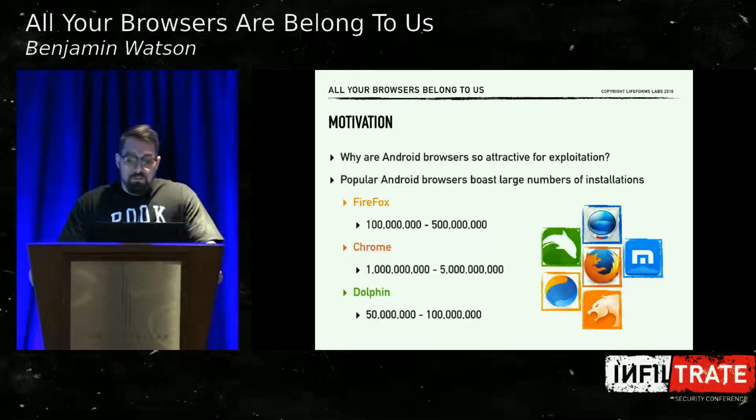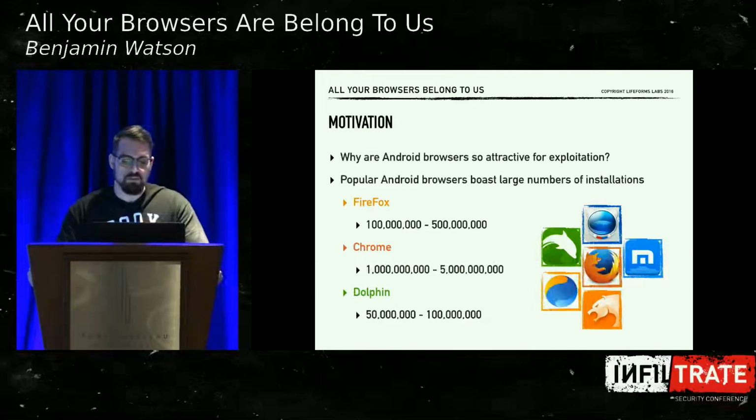So why are Android browsers so attractive for exploitation and vulnerability research in general? When I started digging through the Google Play Store to find new classes of apps to research, Android browsers caught my eye because of the large numbers of user installs that they tend to boast.